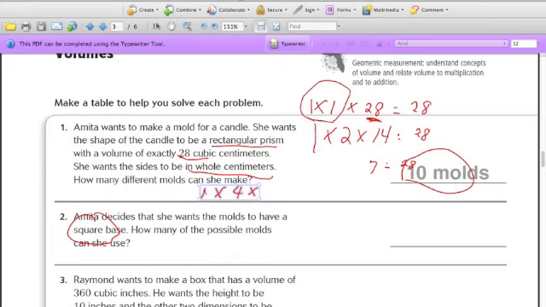This one right here would have a congruent side. 1 times 1, if the base was 1 centimeter by 1 centimeter and then 28 centimeters tall, then the base would be a square. So as you work through these 10 different molds, you can figure out how many of them have the square possibilities. So that would help you on that. Let me clear this out real quick.